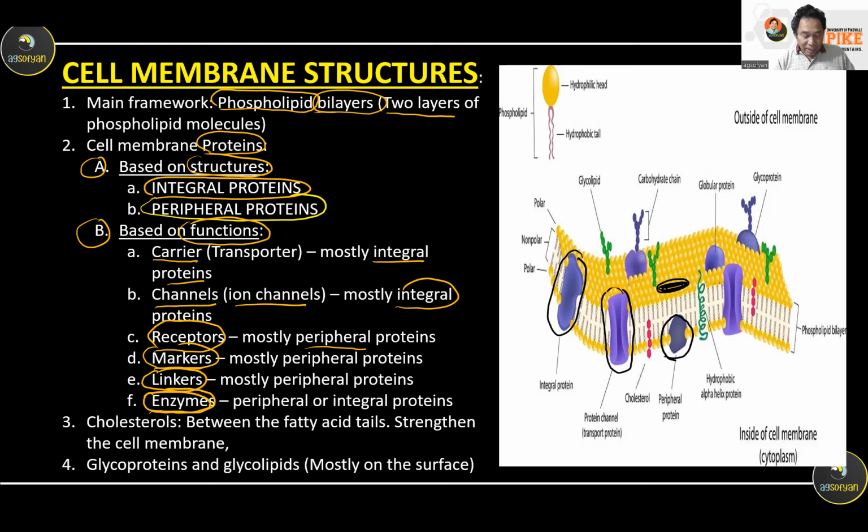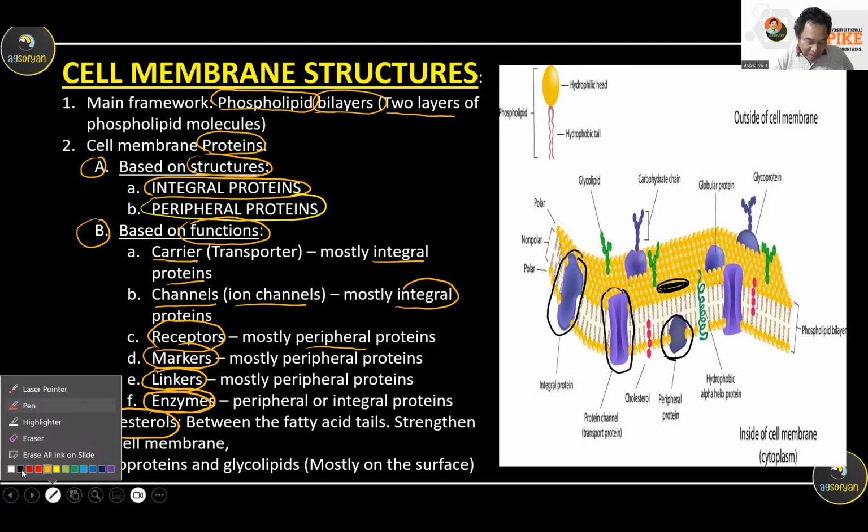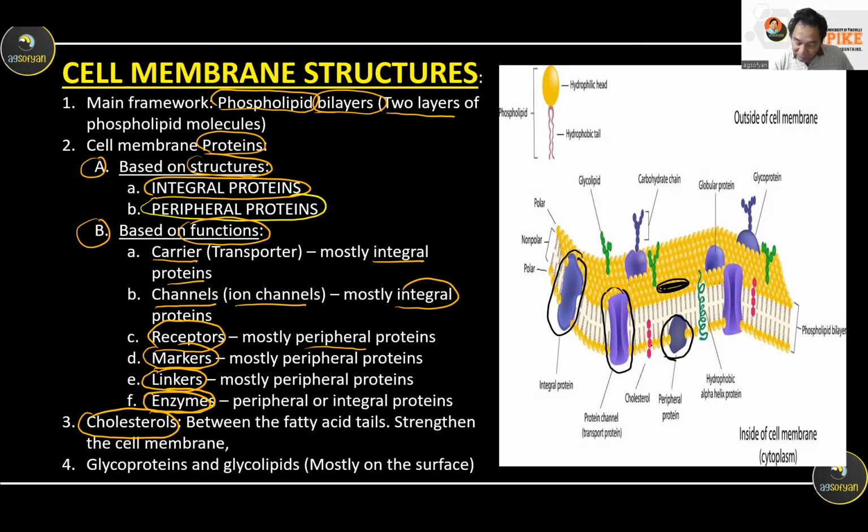In addition to these phospholipid bilayers and the proteins, the cell membrane also contains cholesterol. And cholesterol, because they are lipids, will be located in the tail, around the tail of the phospholipid molecules.